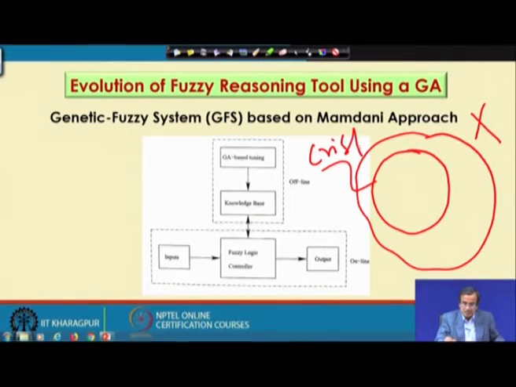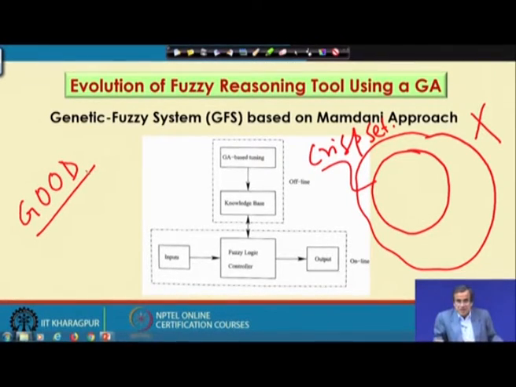Now, I am making the question a bit more difficult. The second question is: can you find a set of technical universities having at least 10 good departments each? The moment I use the adjective good, the problem becomes much more difficult.